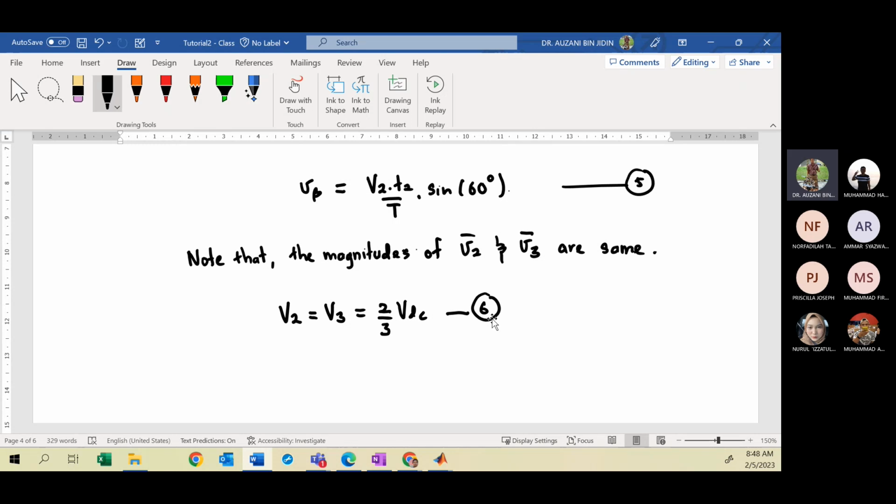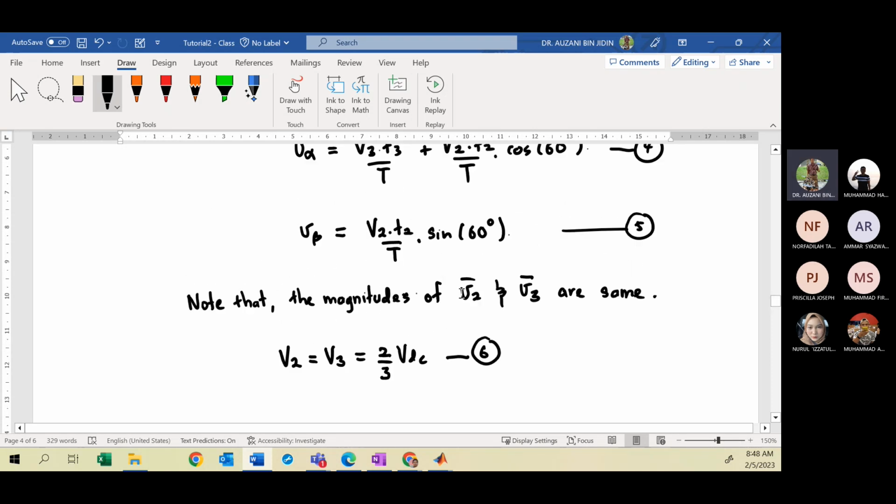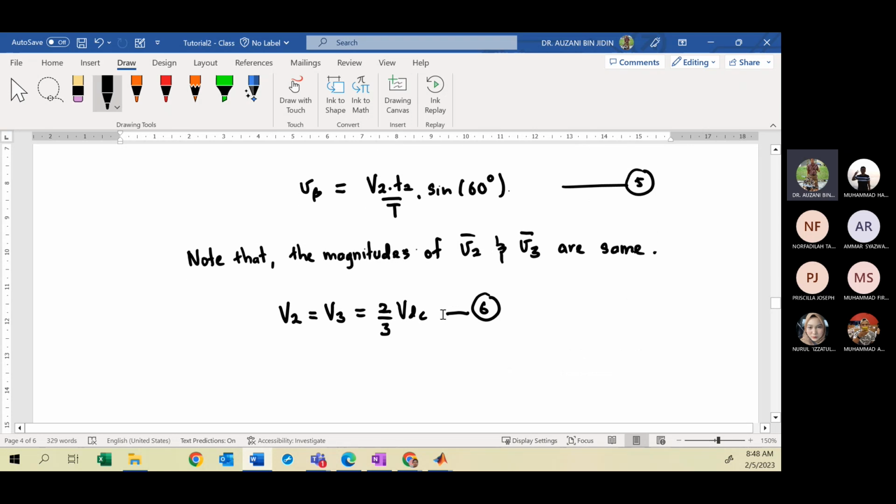V1 at 0 degree, V2 is at 60 degrees, V3 is 120. The length of the vectors are the same, but the angles are different. Okay, so then you get equations 1 until 6.